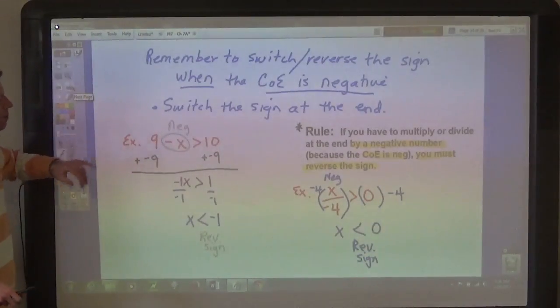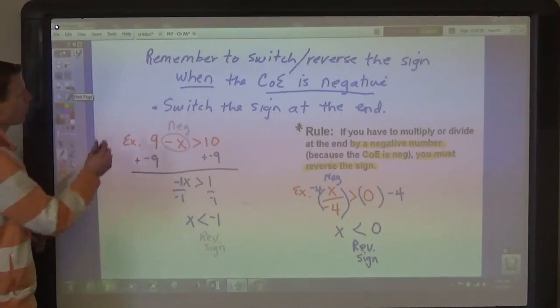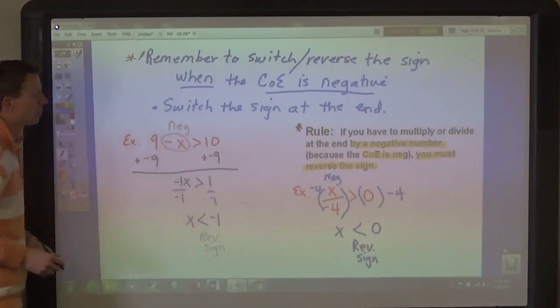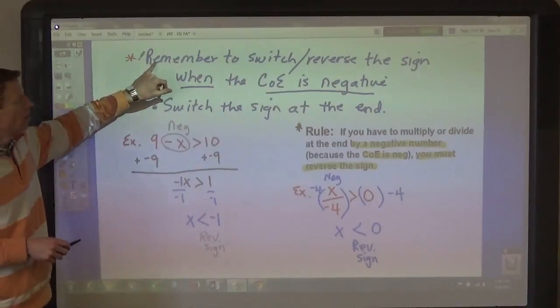Okay, now, there's another rule when we're solving these, and I want you to write down another rule. One more rule when you're solving this. Here's the rule.